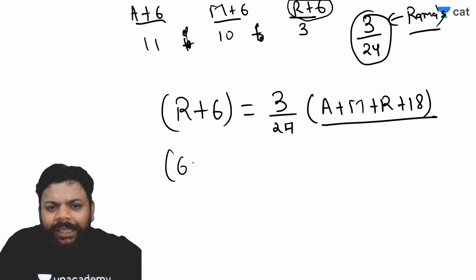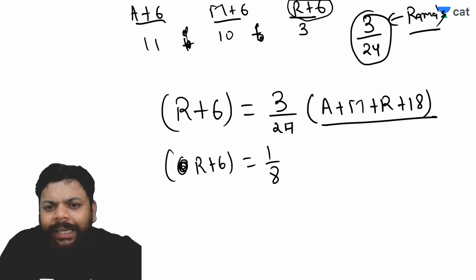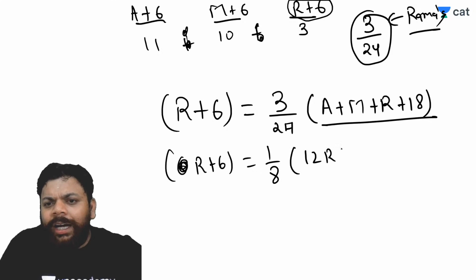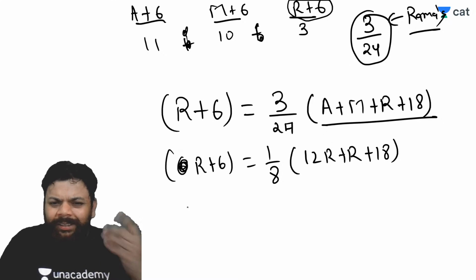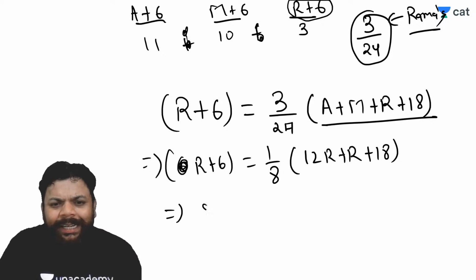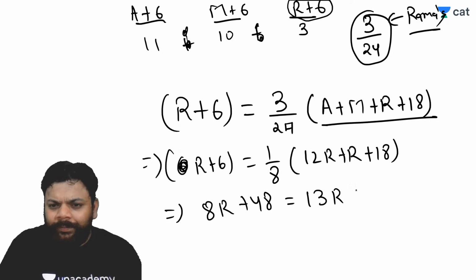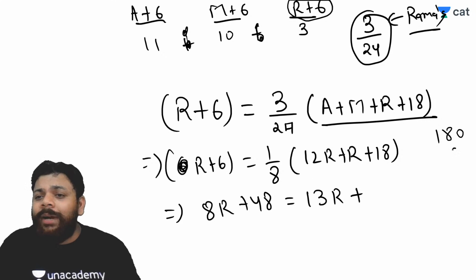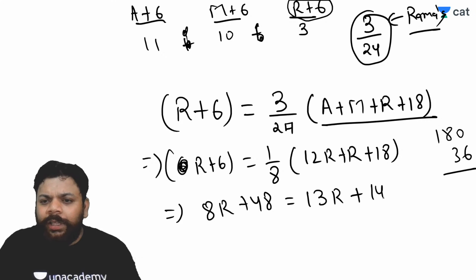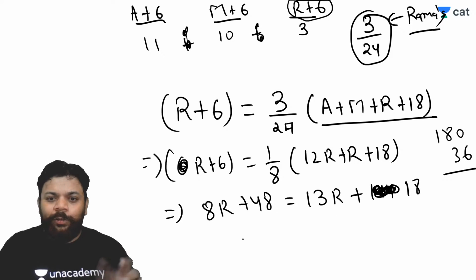So can I write this one as, just try to see, r+6 will be nothing but 1/8 of 12r plus r plus 18, or by cross multiplying this one will get 8r plus 48 equals 13r plus 18 into 8. 18 into 8 is going to be 180 minus 36, that is 144. सर ये तो 18 ही रहेगा ना, 18 ही रहेगा, मैं कहाँ मल्टीप्लाई कर रहा हूँ, फिर गलत होता.